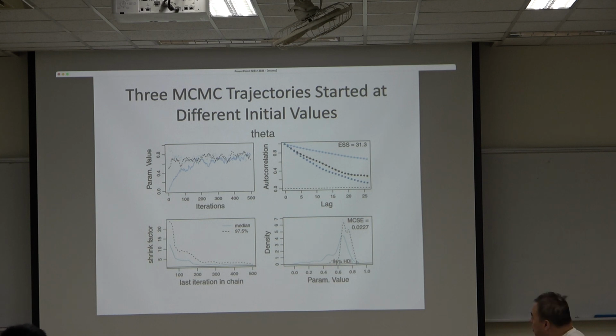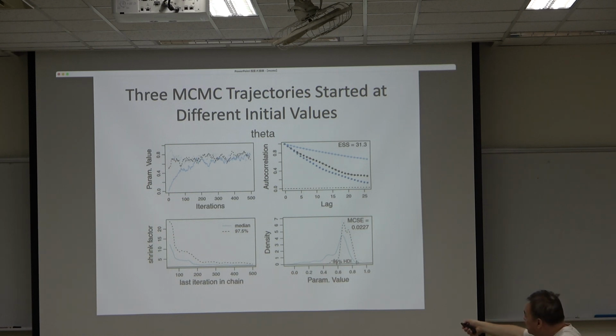Okay, so in the first 500 iterations, you can see these three chains actually initialized at different locations, right? And they just got started, so they gradually converge to the area that has higher posterior value, which is somewhere close to 0.8, right?